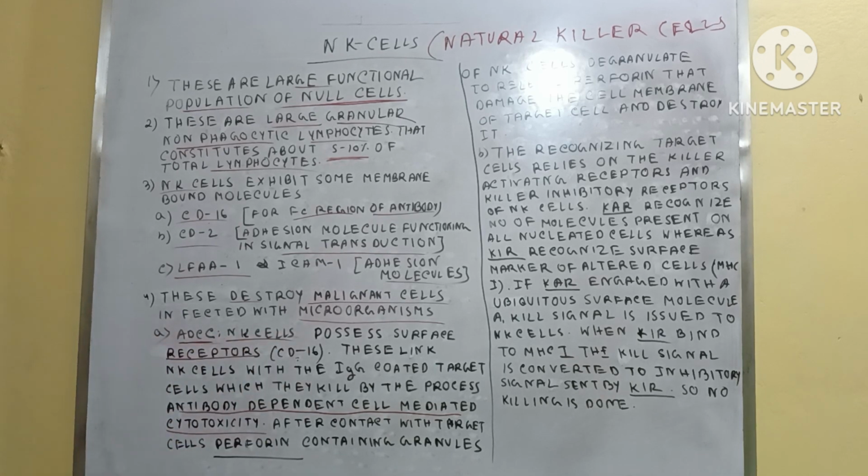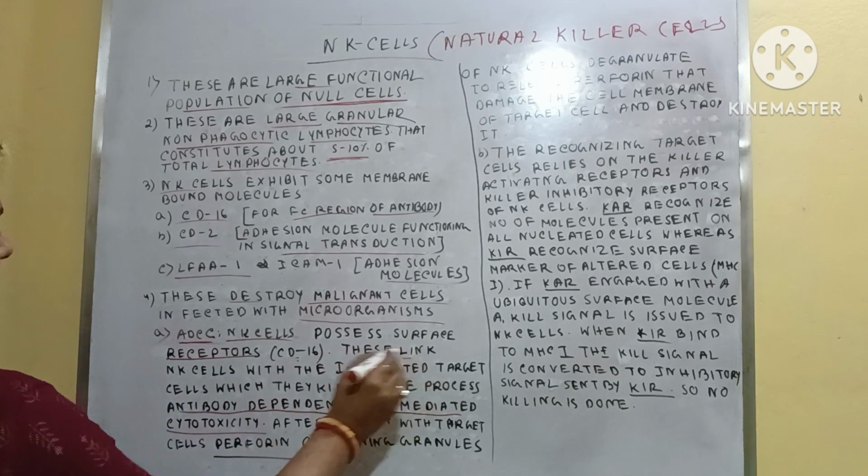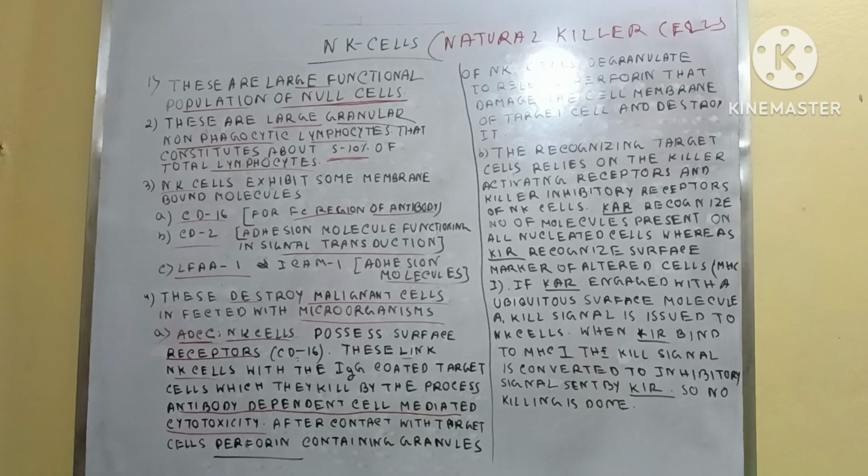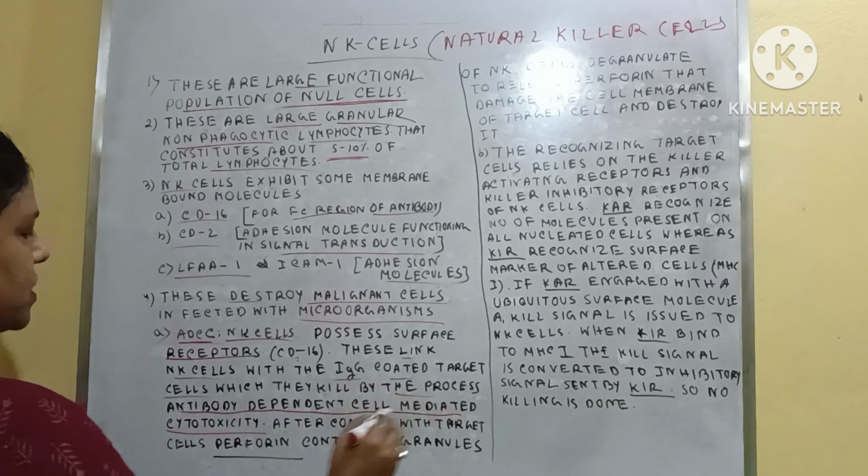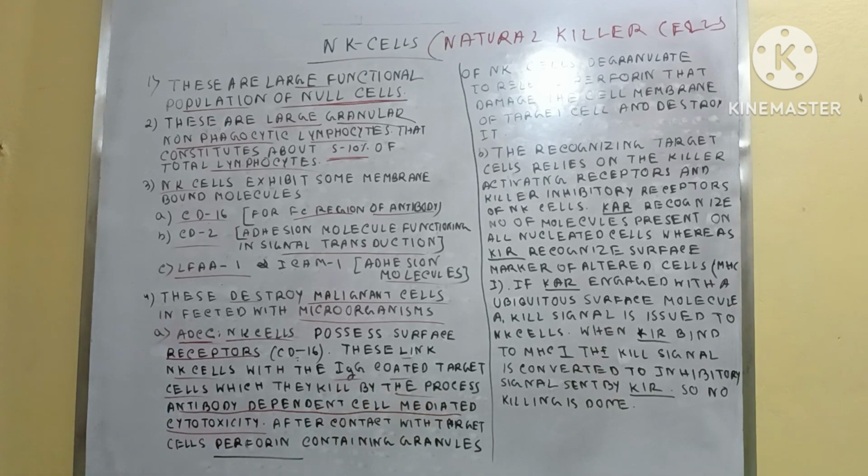ADCC NK cells have the surface receptors, which link the NK cells with the IgG coated target cells, and they kill them by the process of antibody dependent cell mediated cytotoxicity. This is the actual process by which the NK cells kill the antigens.